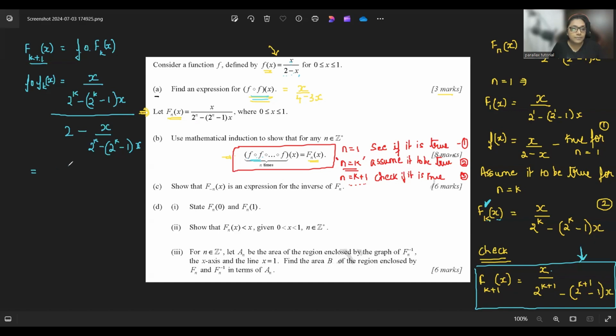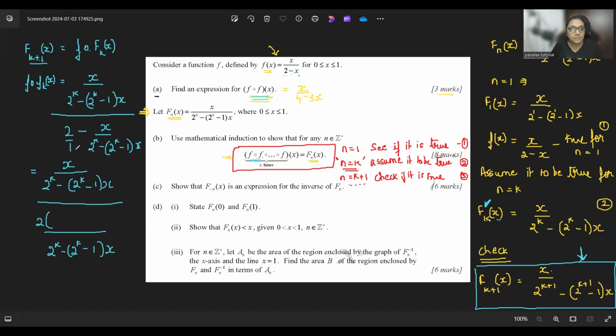Okay, now we'll do the same thing. The numerator, x by 2 to the power k minus 2 to the power k minus 1 x, will remain as it is. The denominator, you take 2 to the power k minus 2 to the power k minus 1 x common. You're left with 2 multiplied, because it's like 1, right?